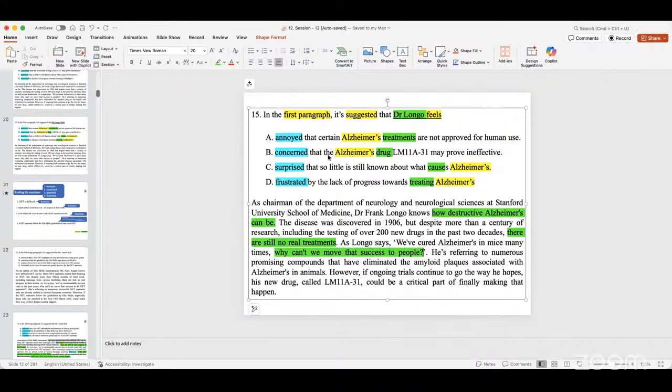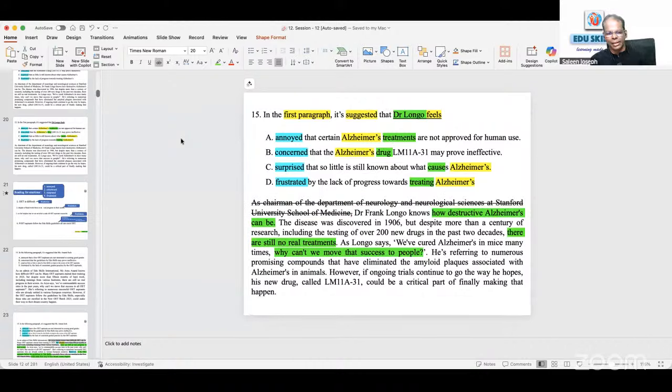Now you see, as chairman of the university, these are subject complements, the first part of 1.5 lines. You can just ignore those details to save time. Okay, yes. Dr. Frank Longo knows how destructive Alzheimer's can be. How destructive.